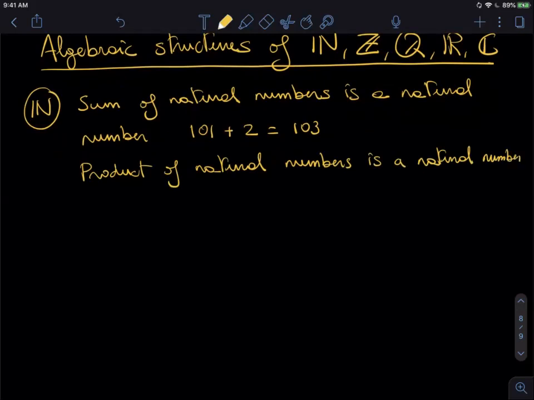In this case, I can also multiply the two numbers. 101 times 2 is 202. No problem. Here, I say no problem because both 103 and 202 are natural numbers. They belong to the set of natural numbers.